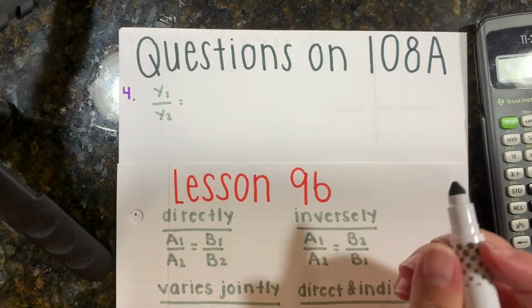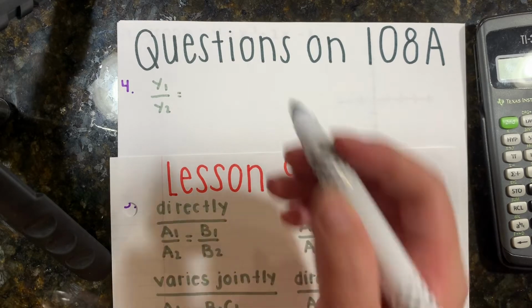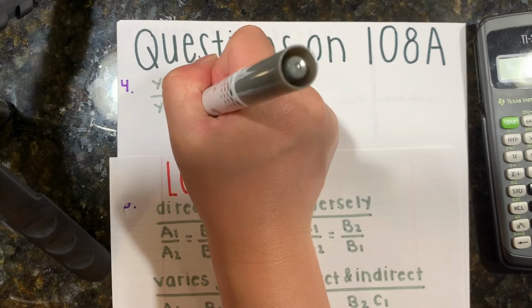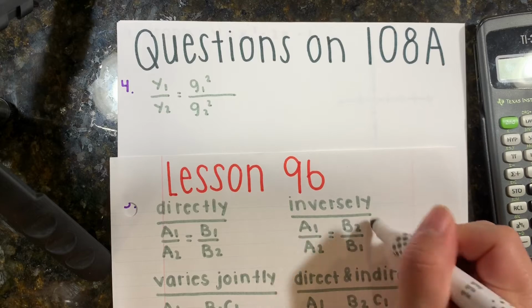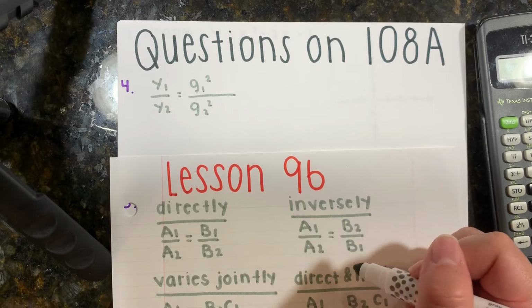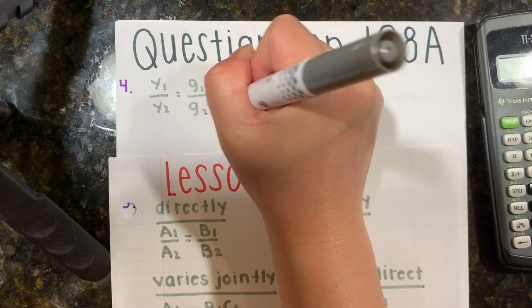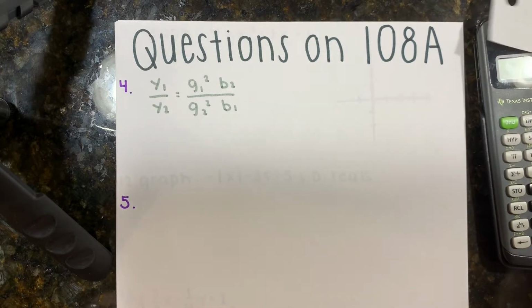And it says directly as green squared. So directly means it goes like this. So it's just going to be g1 over g2, and we're going to square that. And then it says inversely, so we have to flip it to blue. So this is going to be b2 over b1. So directly stays the same. Inversely, you have to flip it, and that's from lesson 96.